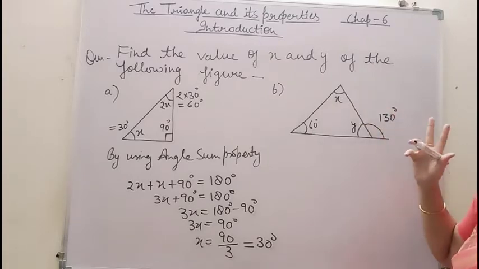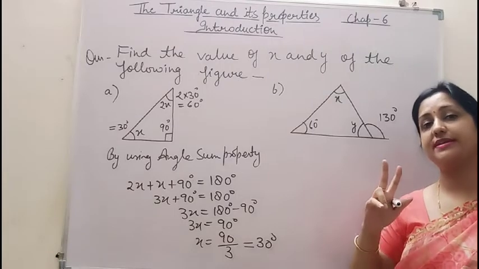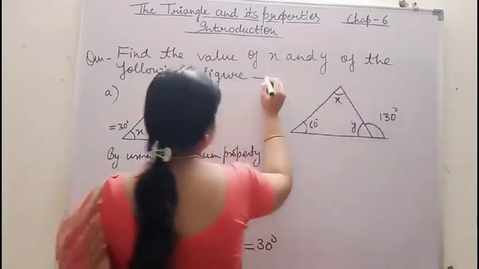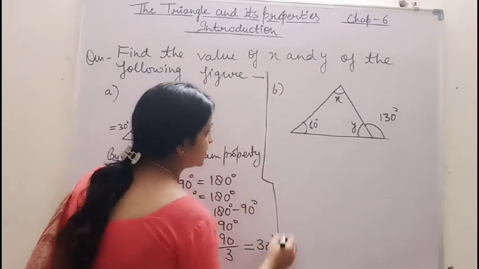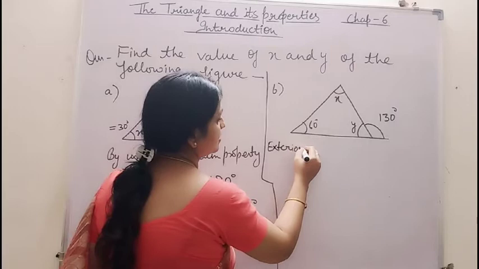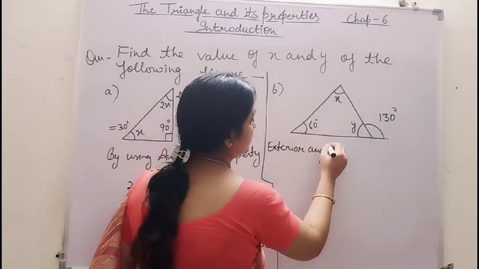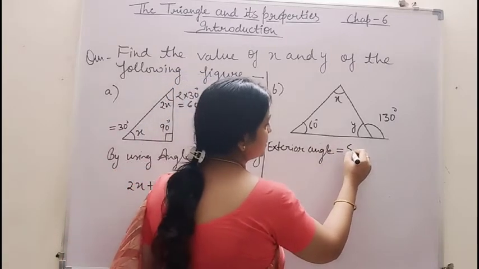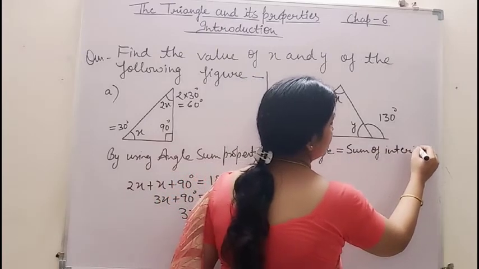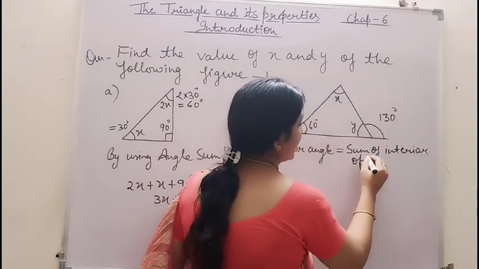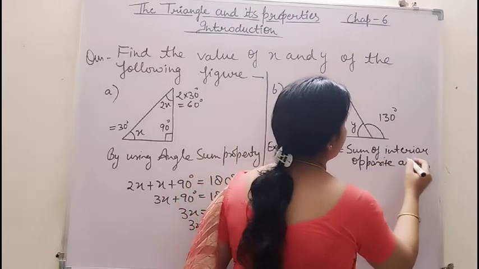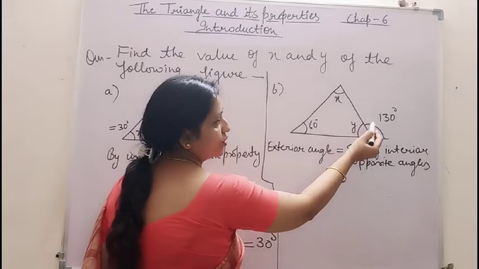So first of all, in this question, we have to use both the properties, exterior angle property and angle sum property. So according to exterior angle property, exterior angle is equal to the sum of interior opposite angles. Here the exterior angle is equal to 130.